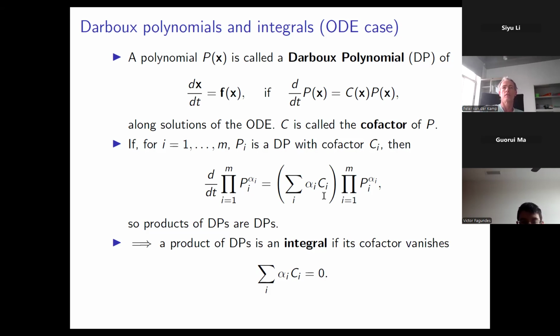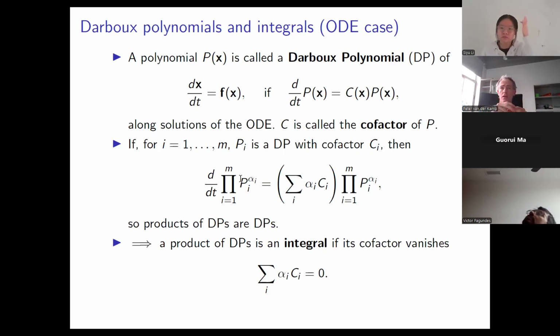And because of that, if you have enough Darboux polynomials and the cofactors, they form a linear space, let's say, for these Lotka-Volterra systems, all the cofactors are just linear functions of the xi's. If you have enough of them, then at some point, they can't be independent anymore.